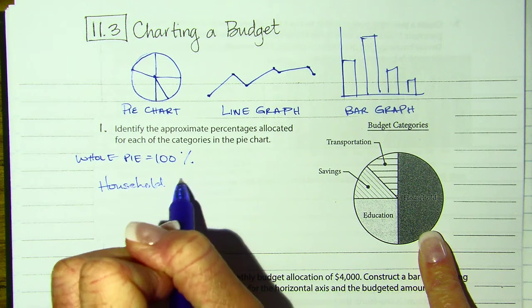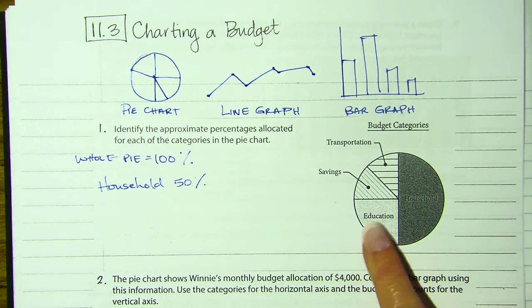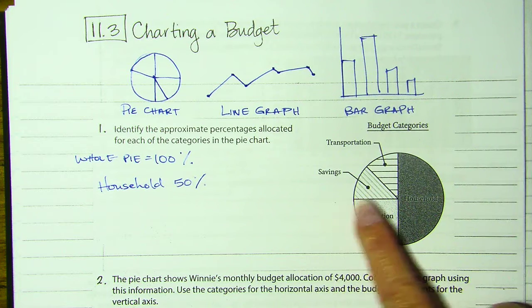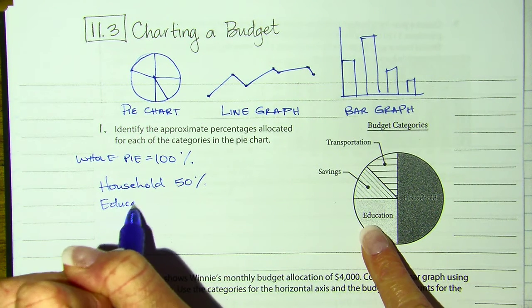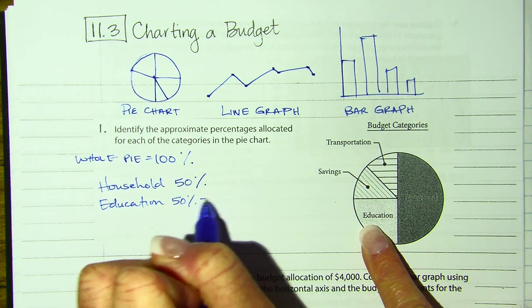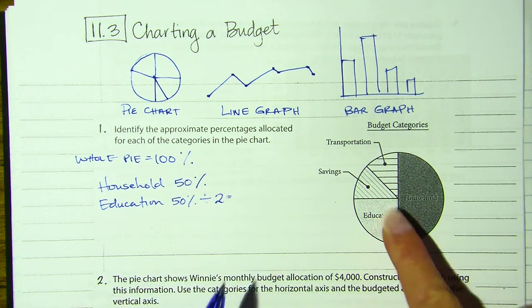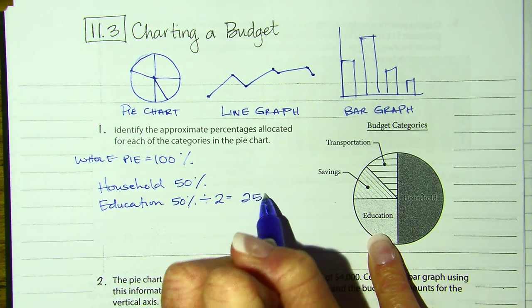So half the pie would be 50%. Now education represents half of a half. So education is 50% divided by 2, right? Because it's half of this half. So that gives me 25%.